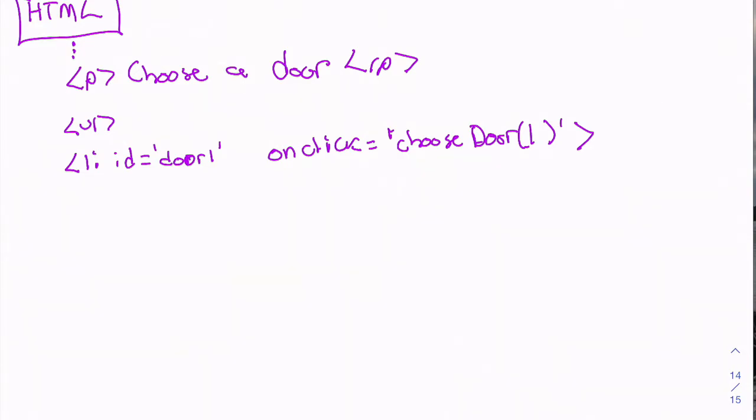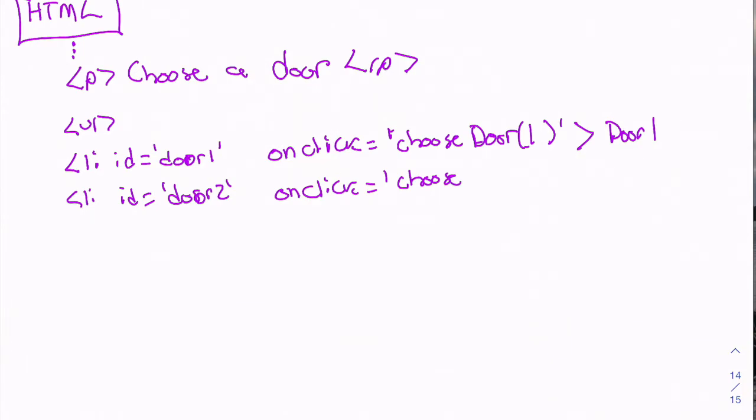Okay. And then we'll absolutely have to have the door, so we'll say door1 here. Then we're going to do ID equals door2, on click equals choose door2.